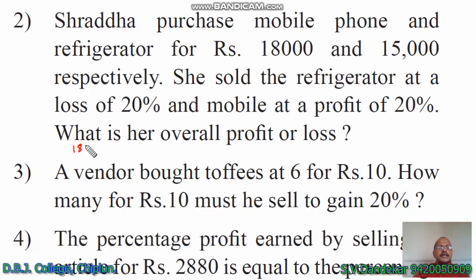So 18,000 into 120 by 100 is the total selling price of mobile. Now on refrigerator there is loss of 20%. Refrigerator was purchased at 15,000 and therefore 15,000 into 80 by 100 is the selling price of the refrigerator.